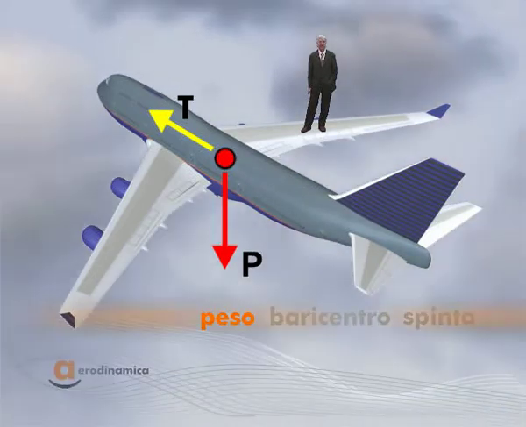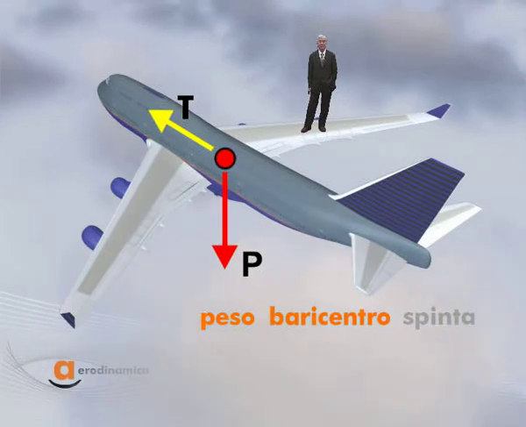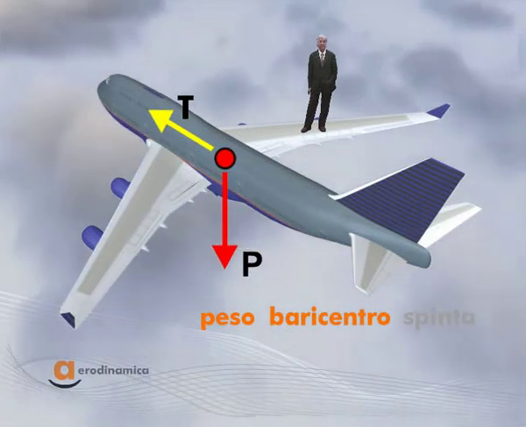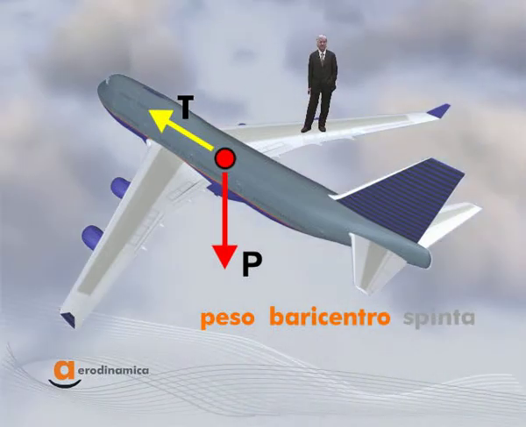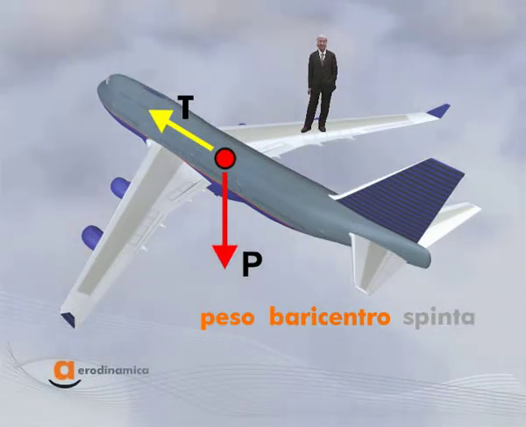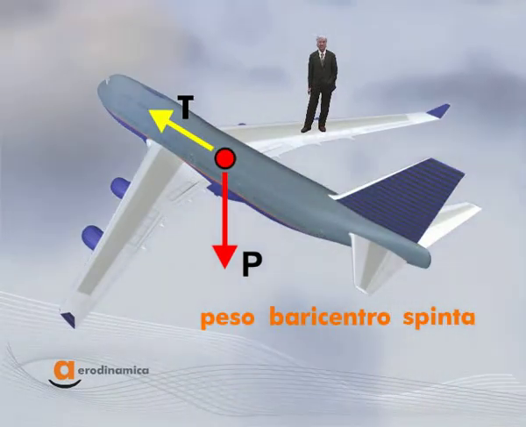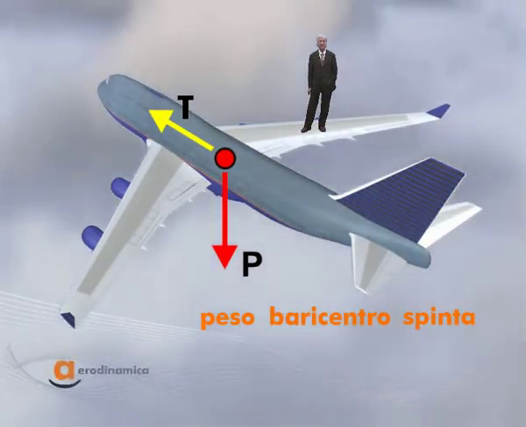If the center of gravity varies, there will be a moment around the yaw axis, which means that the nose of the airplane will be moved up or down. If a variation of the thrust is required, the pilot has to contrast the resulting moment.